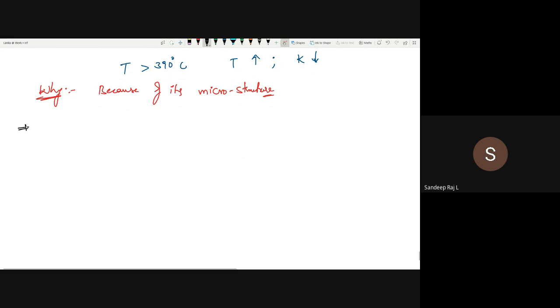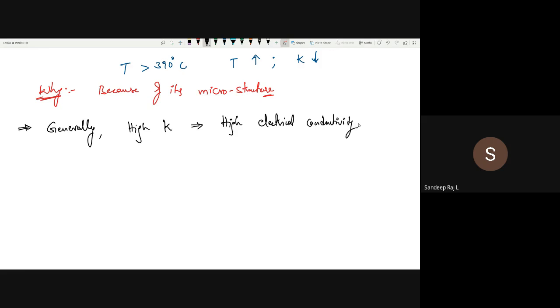Next point regarding thermal conductivity: generally, a high K will represent high electrical conductivity also. This is the most general thing.